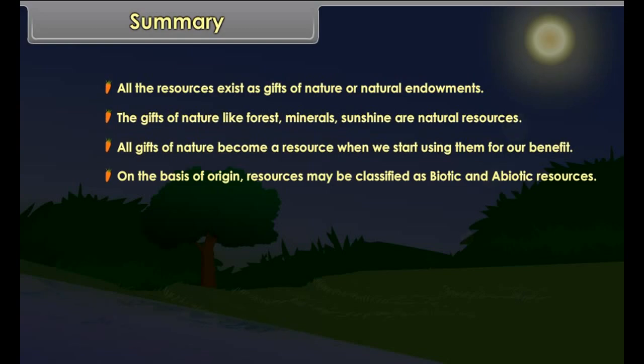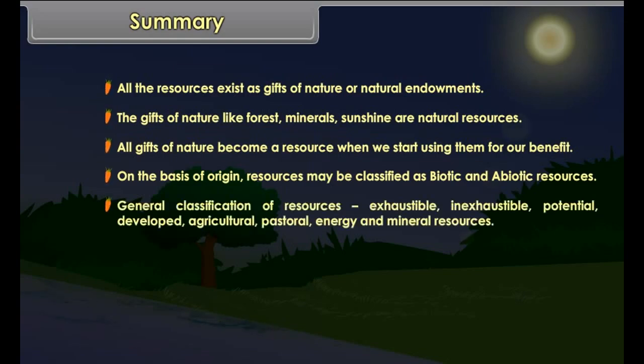Summary: all the resources exist as gifts of nature or natural endowments. The gifts of nature like forest, minerals, sunshine are natural resources. All gifts of nature become a resource when we start using them for our benefit.